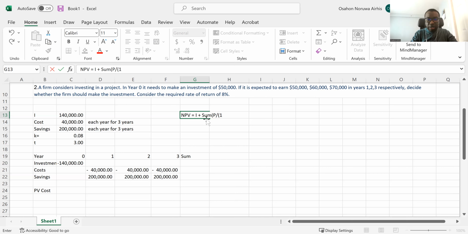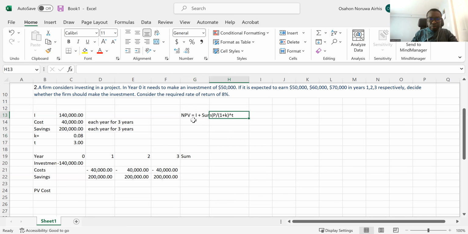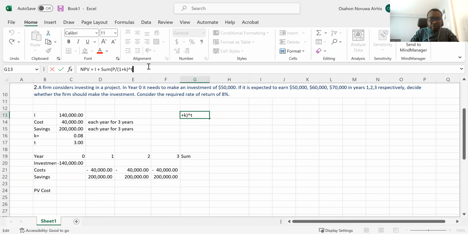So that will be 1 divided by 1 plus K, which is the discount rate, raised to power T. So that's the expression to calculate the NPV. Now there's a sum here, good.